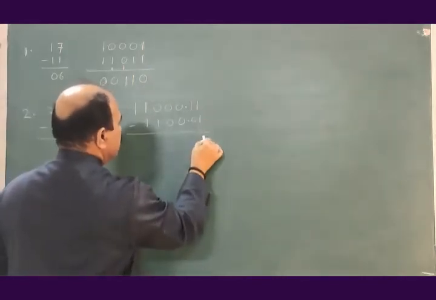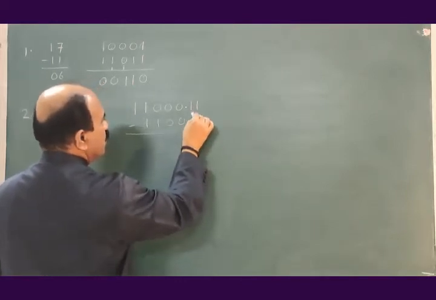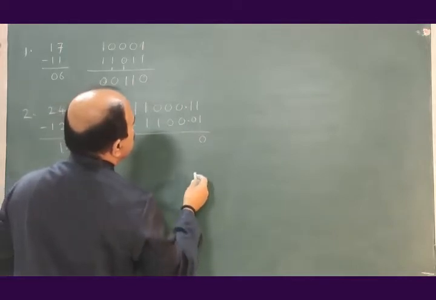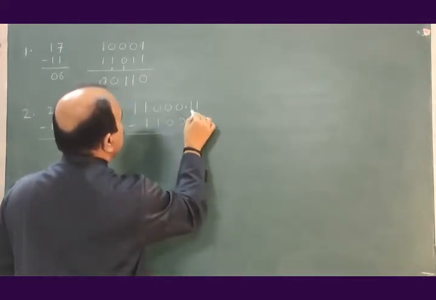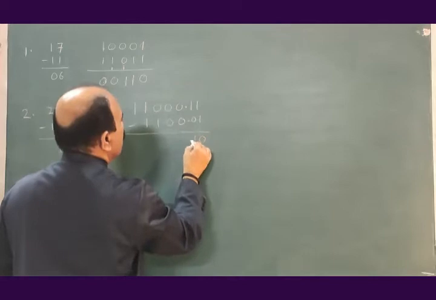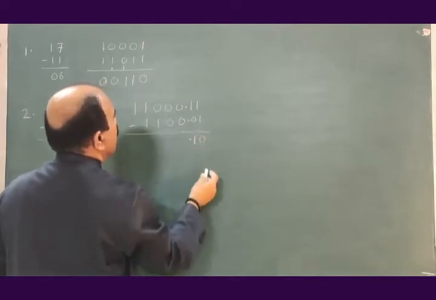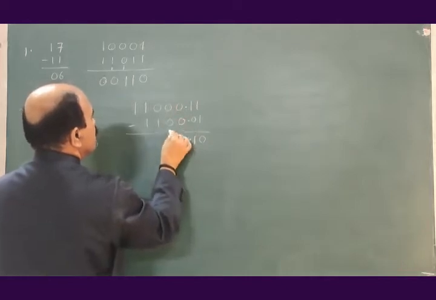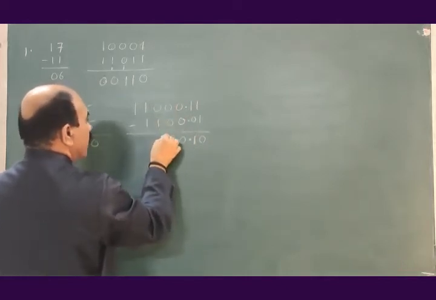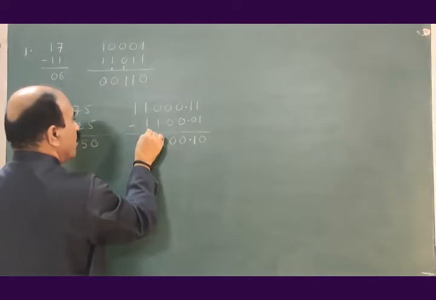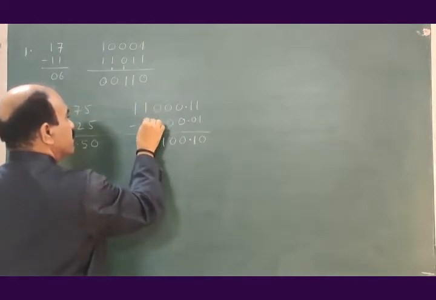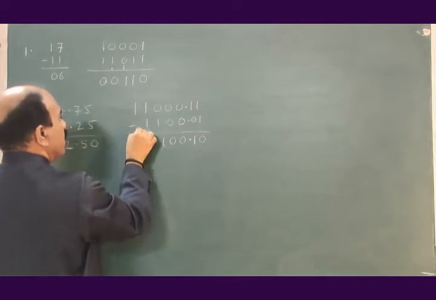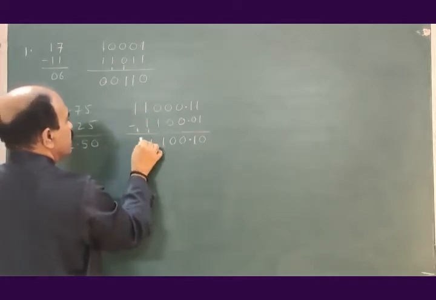Now do the subtraction. 1 minus 1, 0. And then 1 minus 0, 1, binary point. 0 minus 0, 0. 0 minus 0, 0. 0 minus 1, 1 with borrow 1. 1 minus 1, 0. 0 minus 1, 1 with borrow 1. 1 minus 1, 0.